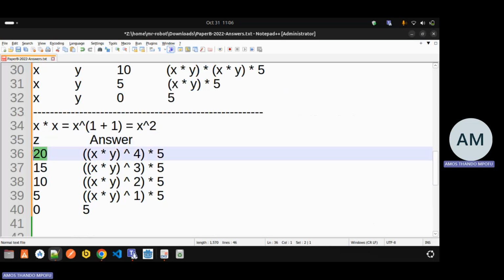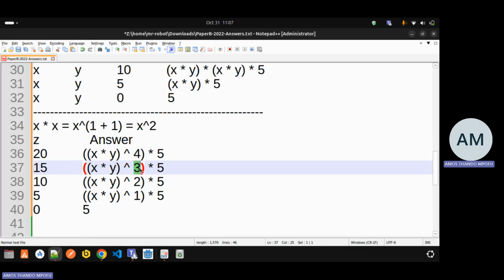z changed from 20 to 4. How did it change from 20 to 4? And that same formula needs to be applicable to this next step. z changed from 15 to 3. This is very, very easy, guys. Don't come up with excuses and say, yeah, well, it's very easy maths.